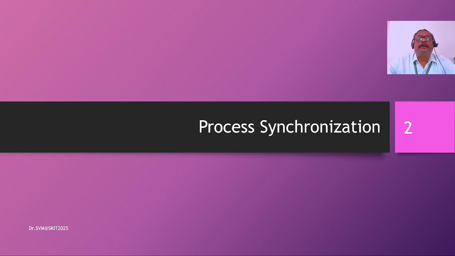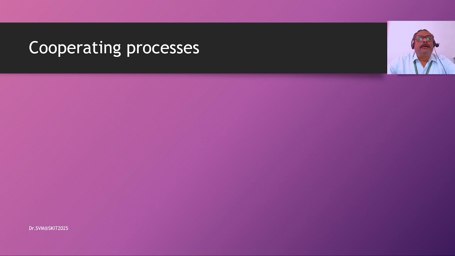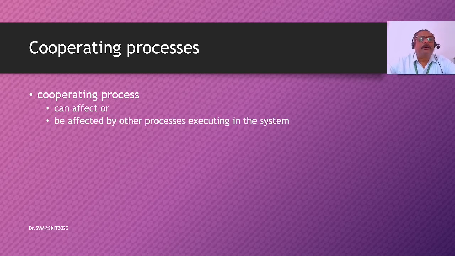So let us begin our journey with process synchronization. The whole story begins with cooperating processes, which use shared resources like memory, files, or other I/O devices, and these can affect or may be affected by other processes executing in the system.